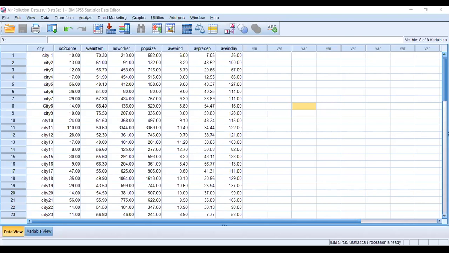So the main causes of air pollution in these 41 cities seem to be sulfur dioxide content, the number of manufacturing enterprises with 20 or more employees, and population size. These are the three variables which are really polluting the cities.